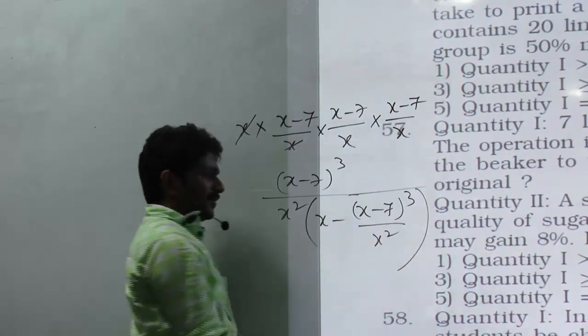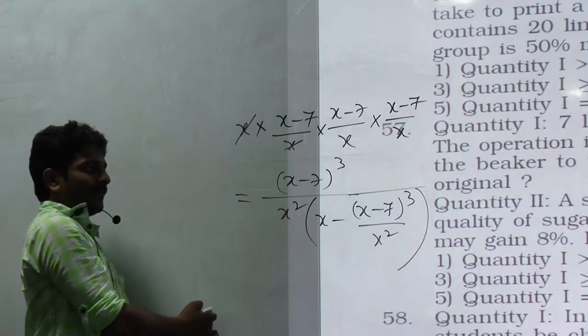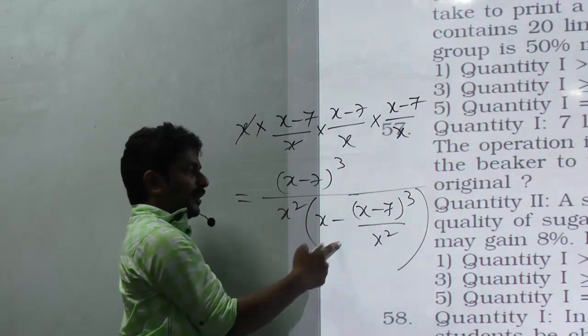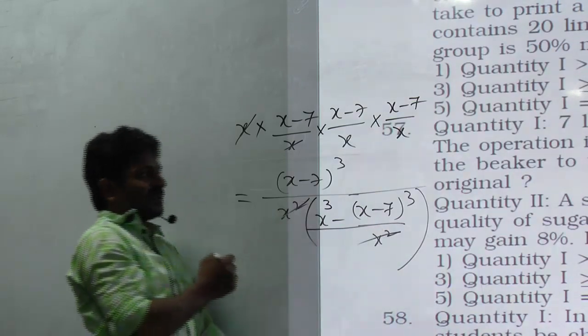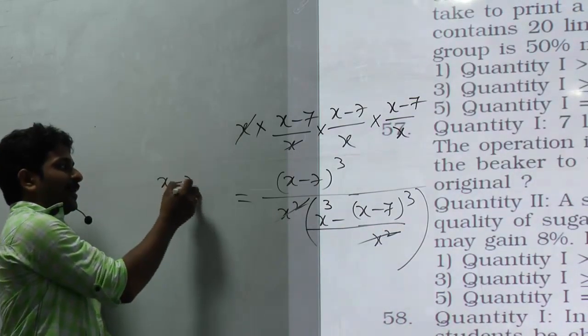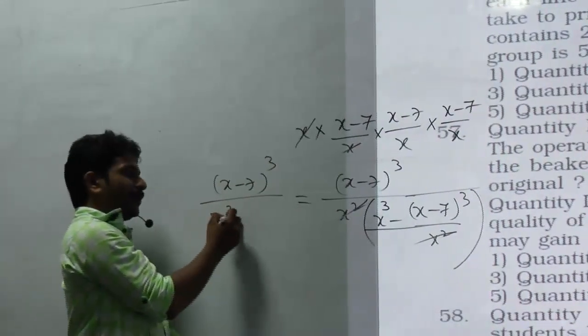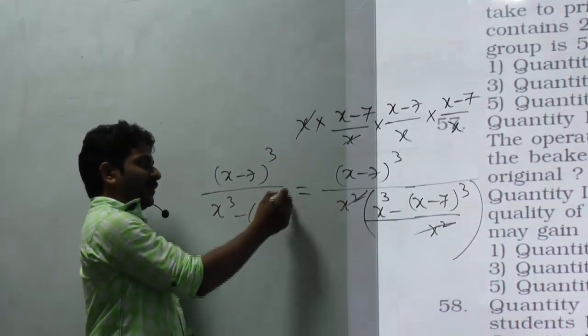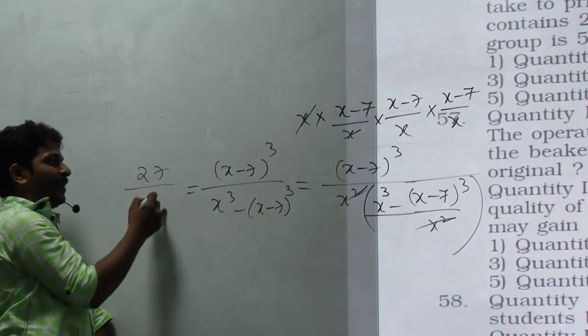Or 9 chala peddadi vastundiga. That will be, when you take x square common, this becomes x cube by x square gets cancelled. X minus 7 whole cube by x cube minus x minus 7 whole cube. This is equal to 27 by 64.